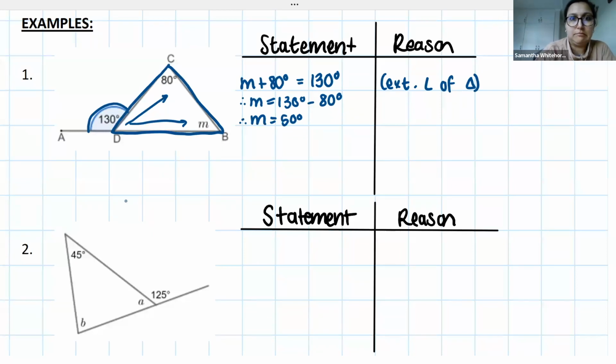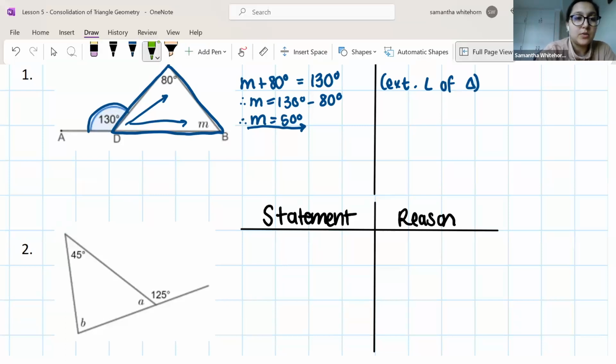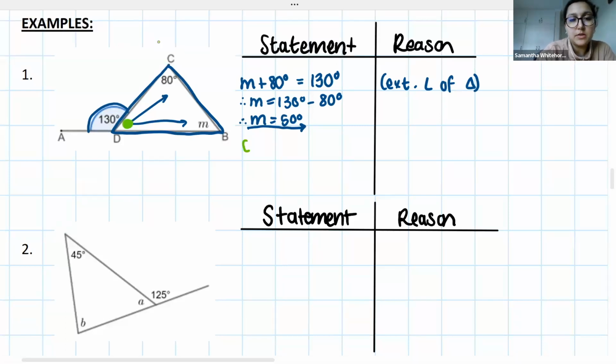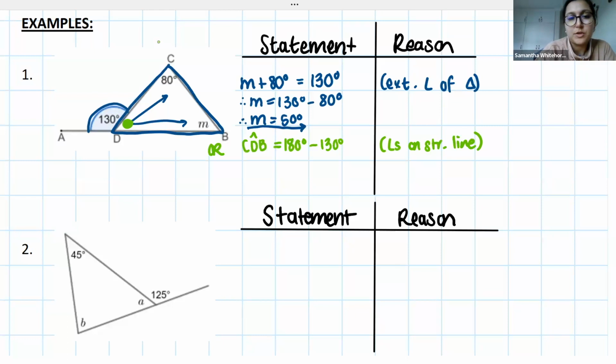50 degrees. Now you didn't have to do it like that. You could have also worked out what angle CDB was. Angle CDB is on a straight line with 130, so 180 minus 130, because of angles on a straight line, which means that angle CDB is equal to 50 degrees.